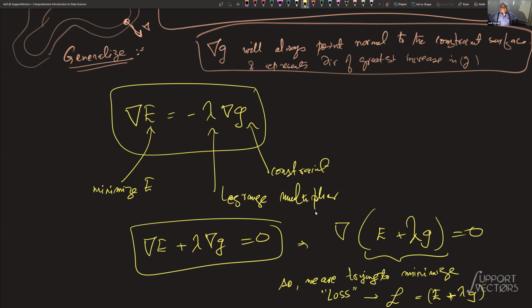Let me tell you some of the consequences. These two have opposite effects. If you minimize only E, you'll go far from the origin. Then what will happen to G? You will have a pretty large constraint surface going all the way out to that point. So G will increase.